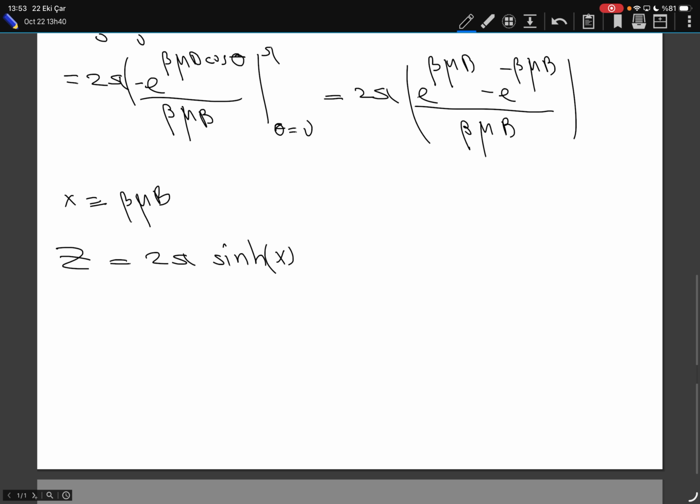Now, what about the average energy of the system? Let's start with the average energy. This will be given by minus the derivative with respect to beta of the logarithm of, no, sorry, the logarithm of z.